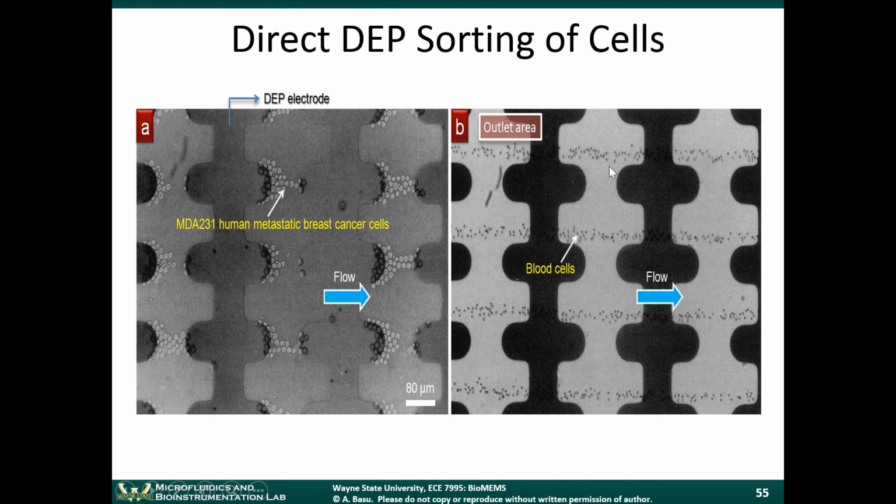So at a specific electric field strength, the breast cancer cells, which are larger, will have a larger DEP force, and they'll be attracted to these high field regions and attached to the electrodes, while the red blood cells just flow through. So it could be a way to separate cells based on size, and they show the application in cancer diagnostics.